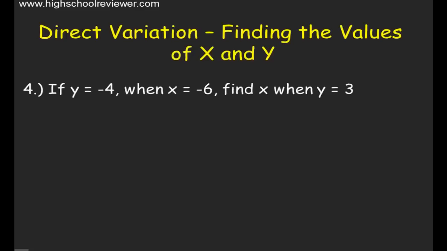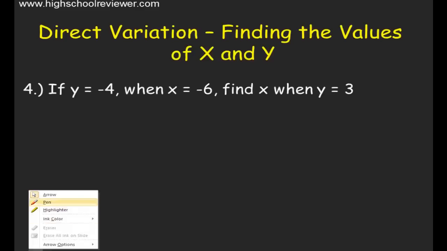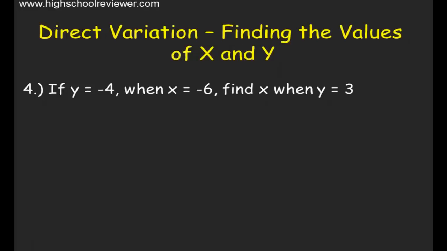Number 4. If y equals negative 4 when x equals negative 6, find x when y equals 3. First, we need to find k. So again, using the equation, y is equal to k multiplied by x.